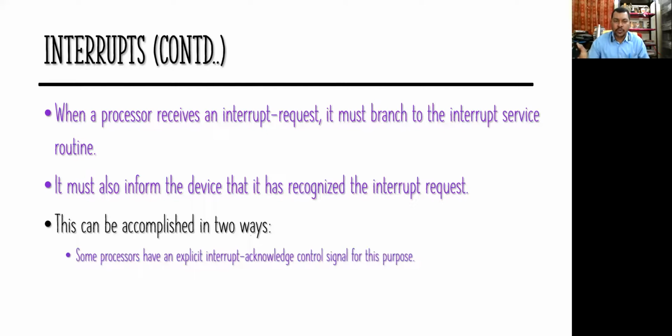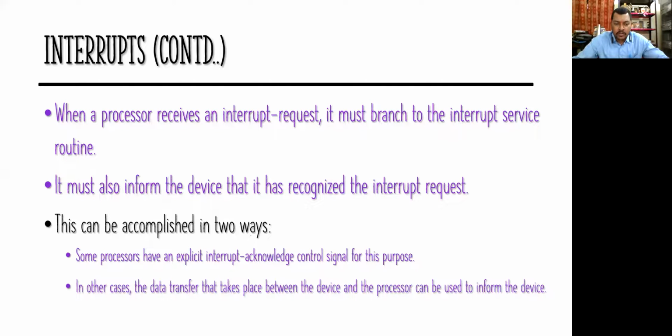So this can be accomplished in two ways. Some processors have an explicit interrupt acknowledge control signal for this purpose, so it will send a high signal on this interrupt acknowledge. Other processors use the data transfer that takes place between the device and the processor to inform the device.